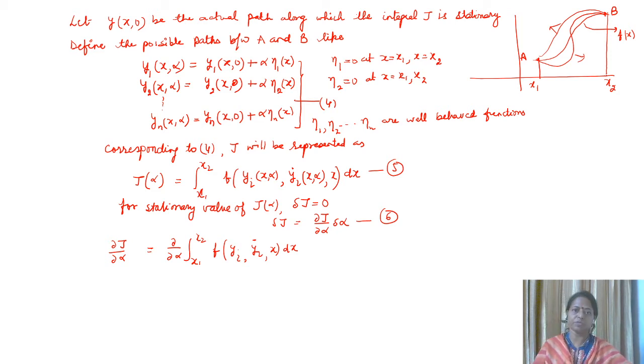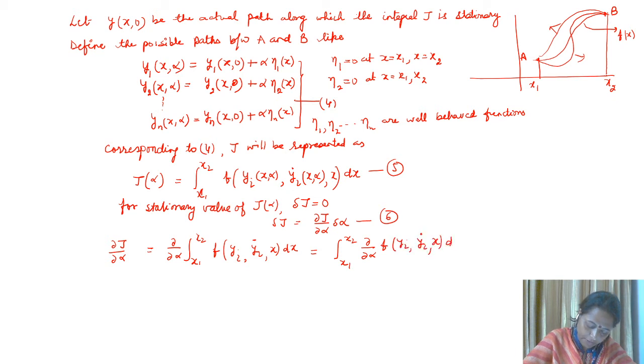This is varying with respect to the y coordinate. I mean, this has variations corresponding to x in terms of y. So this delta alpha may be entered inside the integral from x1 to x2. Naturally it will not operate on dx because then its value will be 0. So I'll operate it only on f(yi, yi dot, x) dx, right?